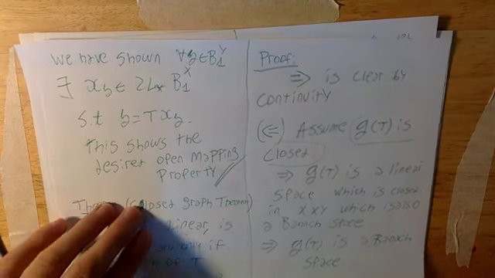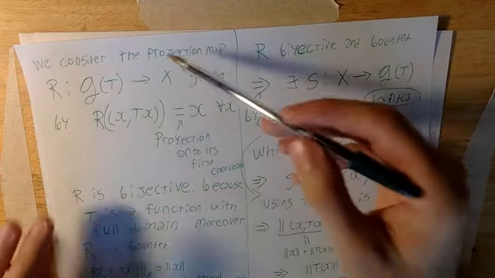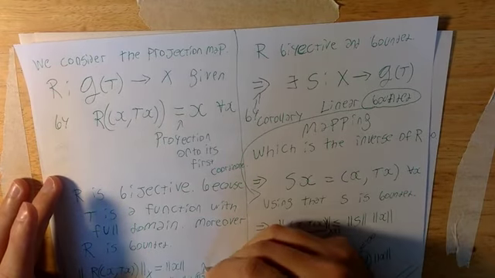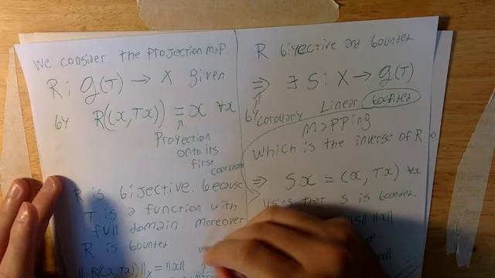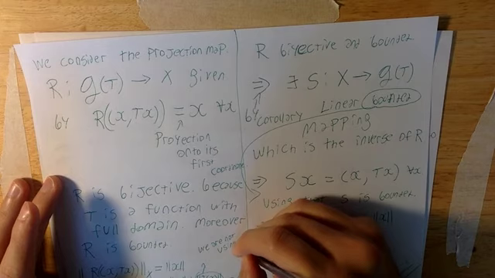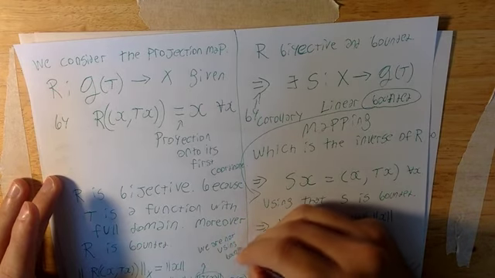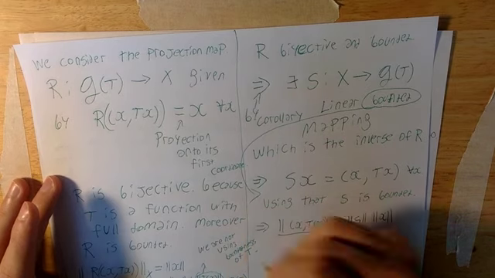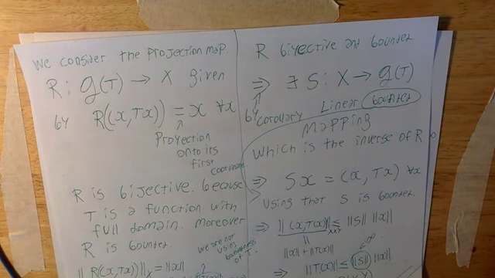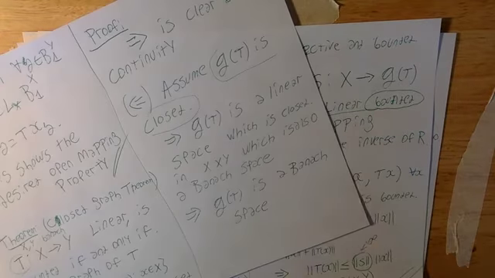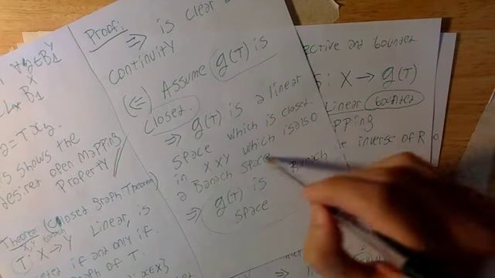The only thing that we used within this proof is that we are not using boundedness of T, so we are not using continuity of T. We are only using the linear structure to be able to say that G of T is a Banach space.